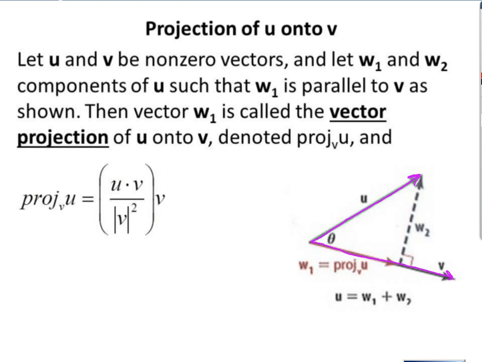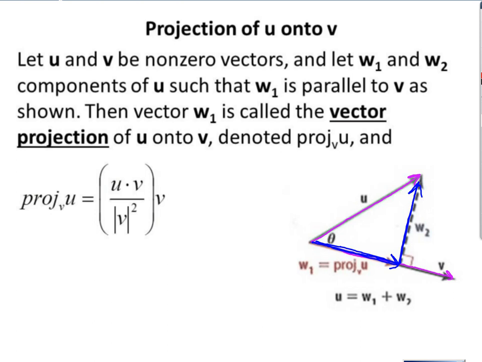One of the components is going to be parallel to vector v, and the other one will be perpendicular. So we're coming up with basically the x and the y components, but we don't know in what direction it's going to go because the first one has to be parallel to vector v itself.